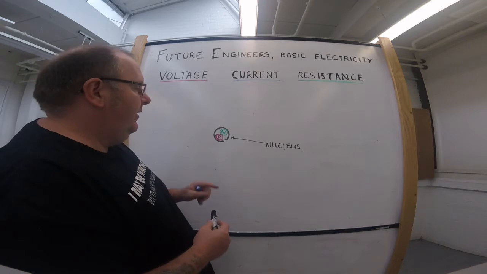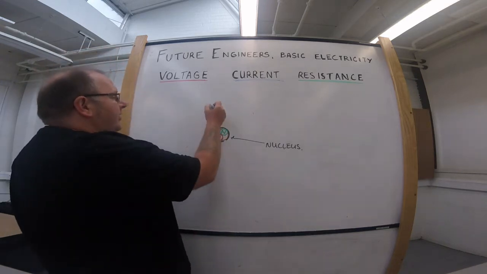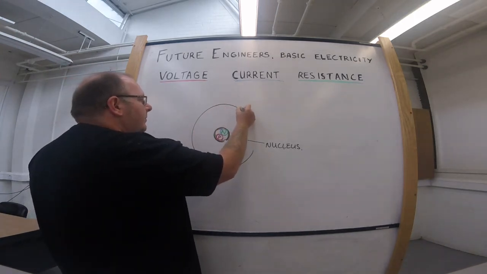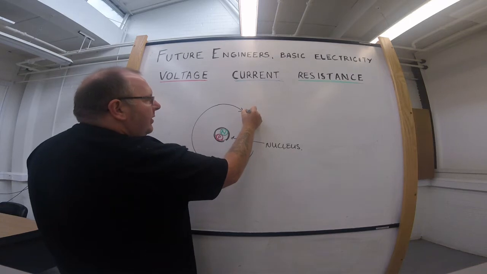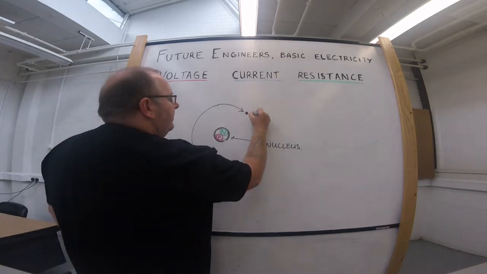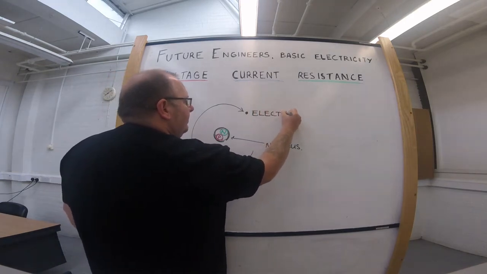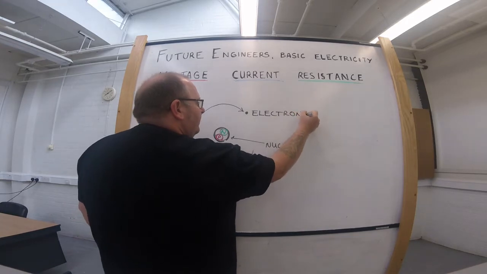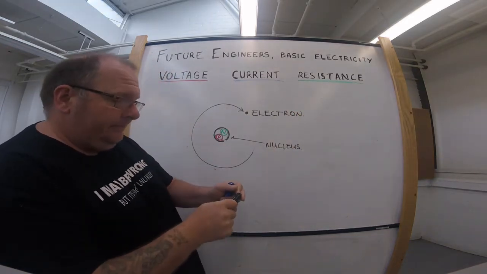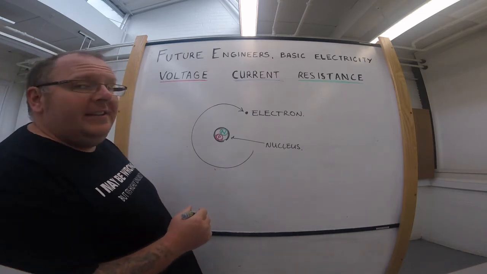Orbiting around the atom, around the nucleus, you have a tiny little particle called an electron. And this is the particle that we're interested in. Now, electrons are negatively charged.